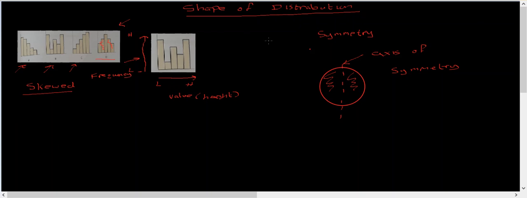Another way to think about it is that we can actually put names on the different types of what we expect to find in relation to the distribution of data. So one, we can say that data is symmetrically distributed.